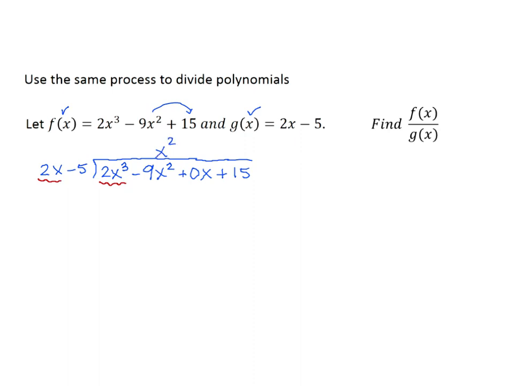And now, just like in 4th grade long division, I have to take this x squared term and multiply it by 2x minus 5. So x squared times 2x will give me 2x cubed, and then x squared times negative 5 will give me negative 5x squared.